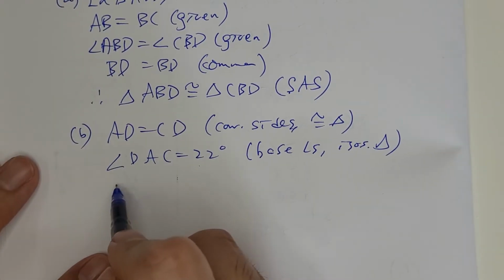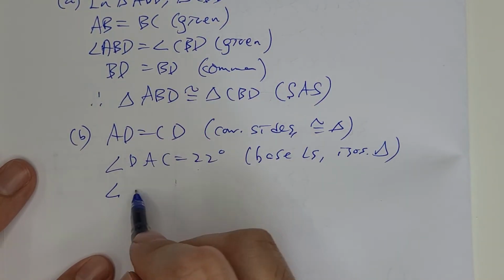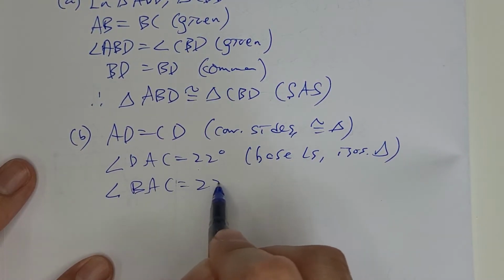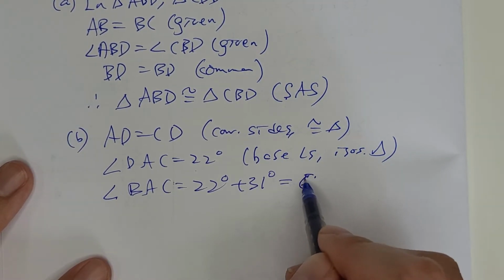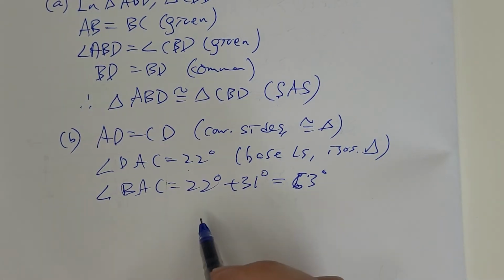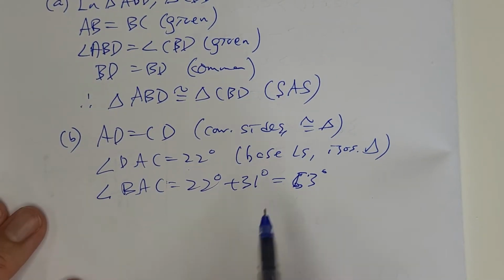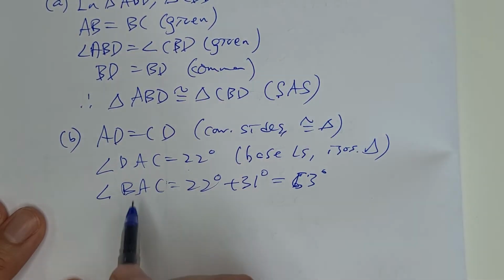And next, angle BAC will be 22 degrees plus 31 degrees, so that is 53 degrees. And also these two lengths are equal, so this angle is also 53 degrees.